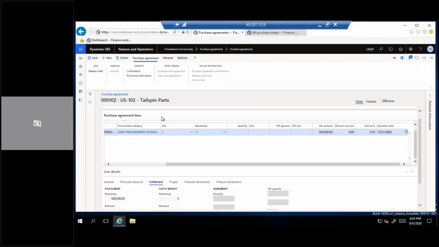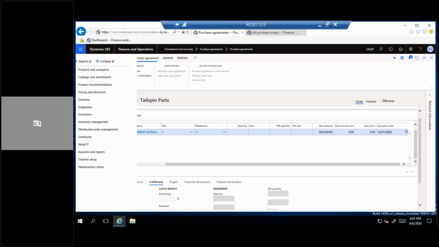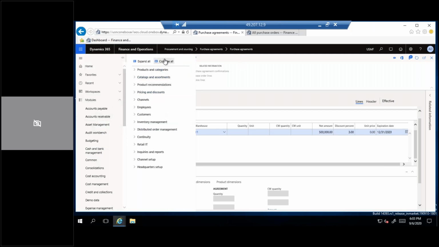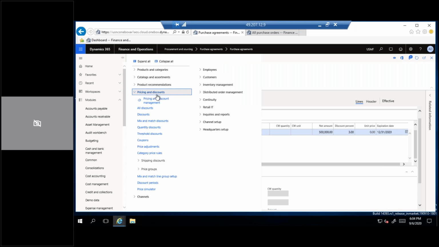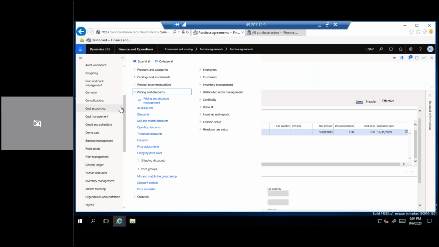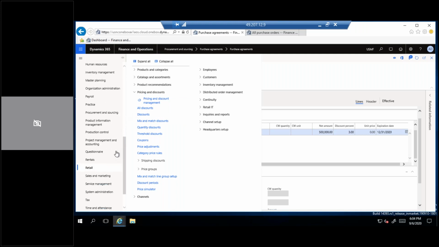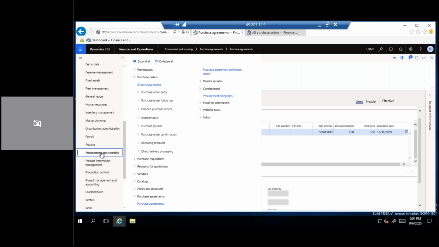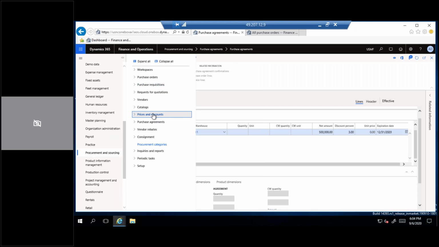Let me show. Price and discounts, sorry, this is not this one, it is in retail actually. Let me go to procurement and sourcing. Price and discounts. Here you will find trade agreement journals.